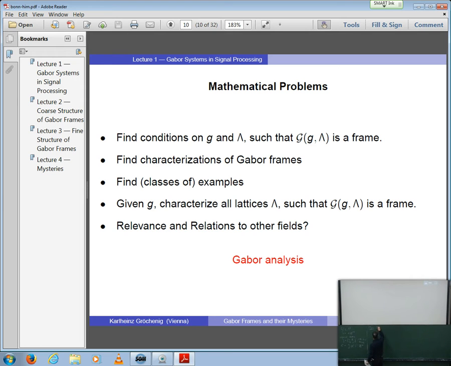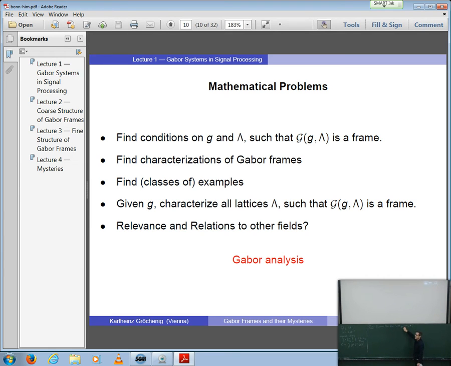So this goes back to, I think the first one was Janssen for rectangular lattices, Ron and Shen for rectangular lattices, and then for arbitrary lattices was Feichtinger and Kozek. So 95, 97, actually one of the few publications in a highly regarded general journal, Duke. It's not that easy to get applied stuff into the general journals.